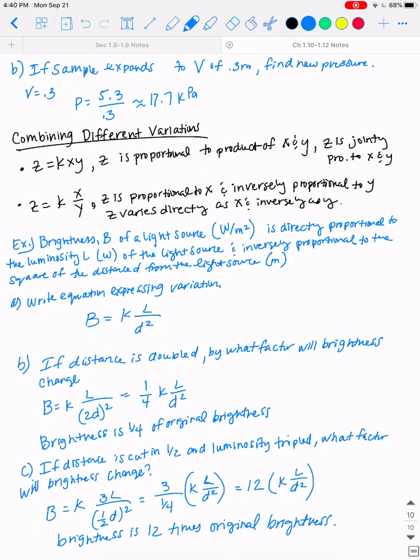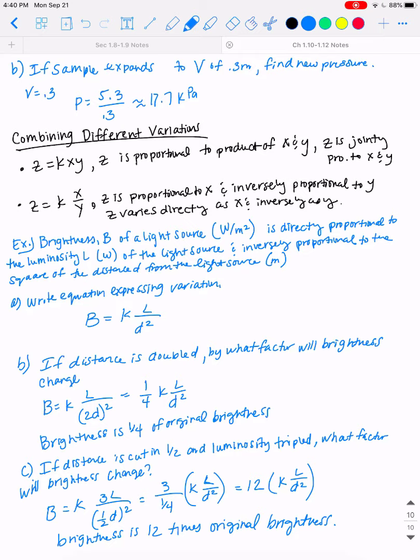Okay, our last example is combining different variations. So we're going to be combining more variables. Z equals K times XY.